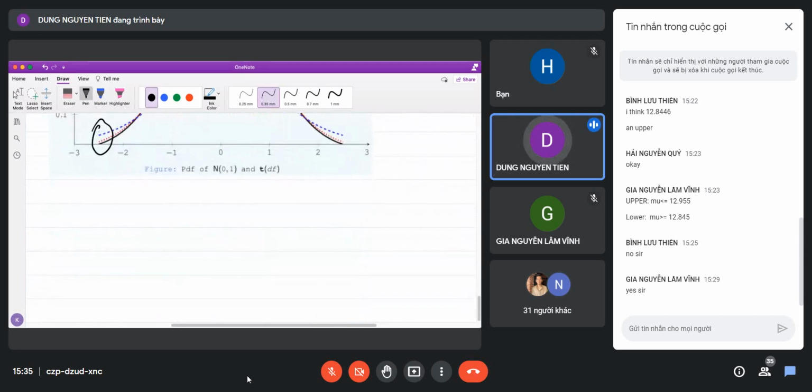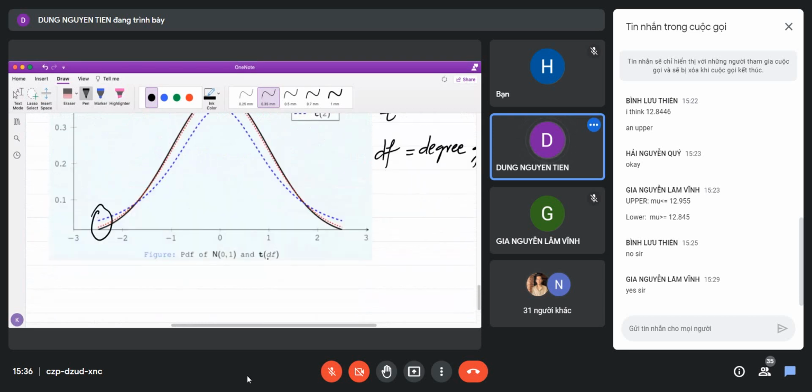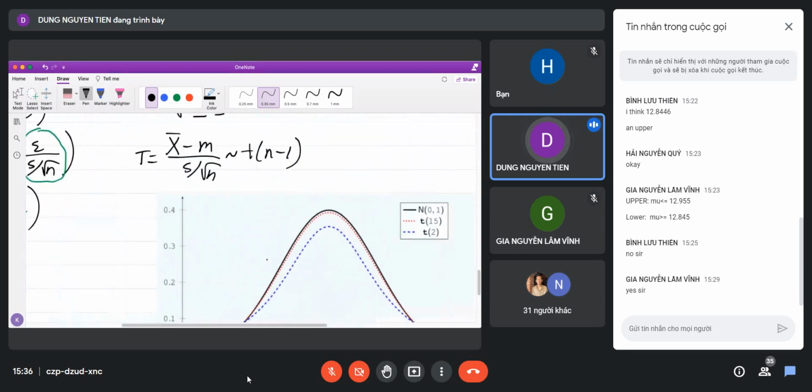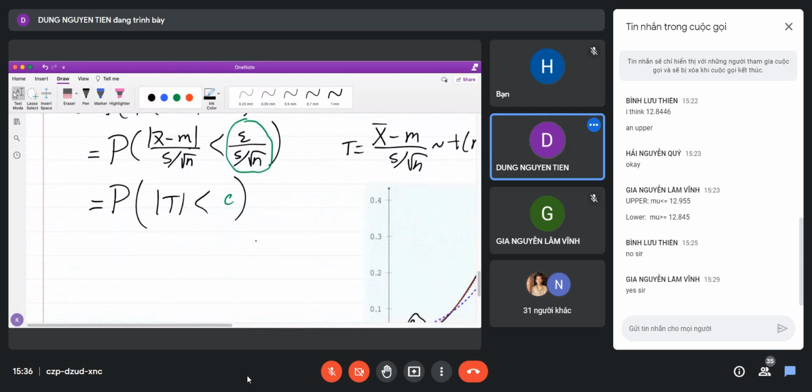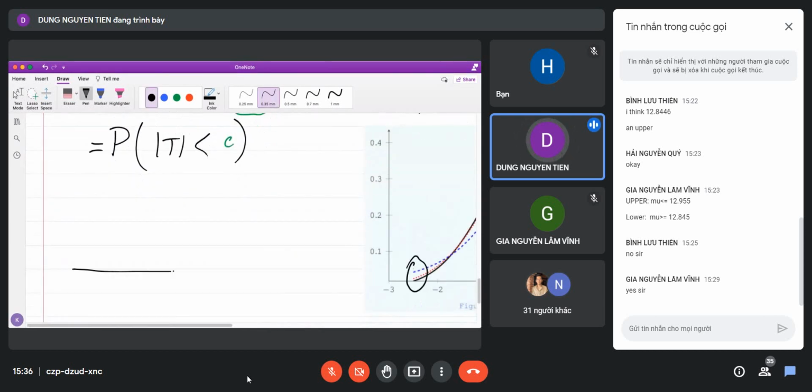Now let's go back to our problem. Because we know the distribution of t, I can draw the graph here. This is the student distribution, and you have a confidence level gamma.